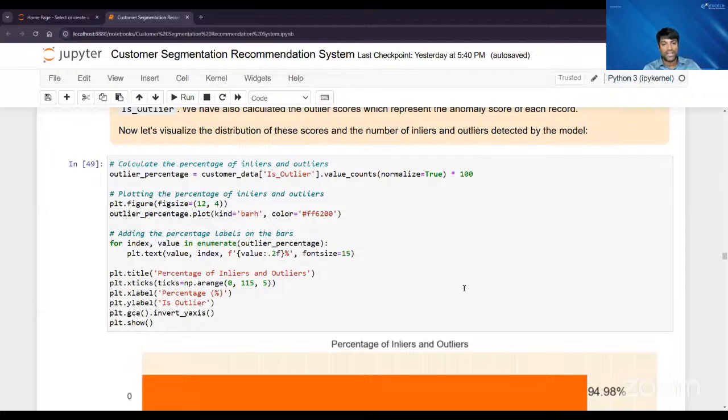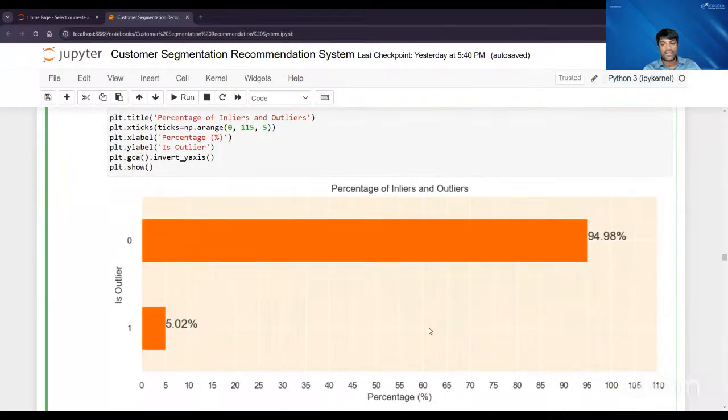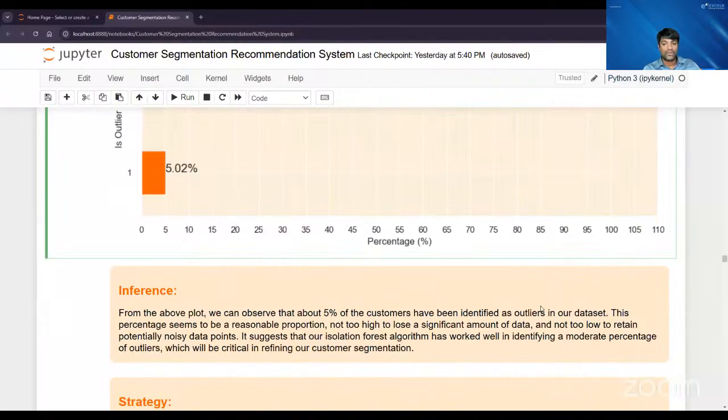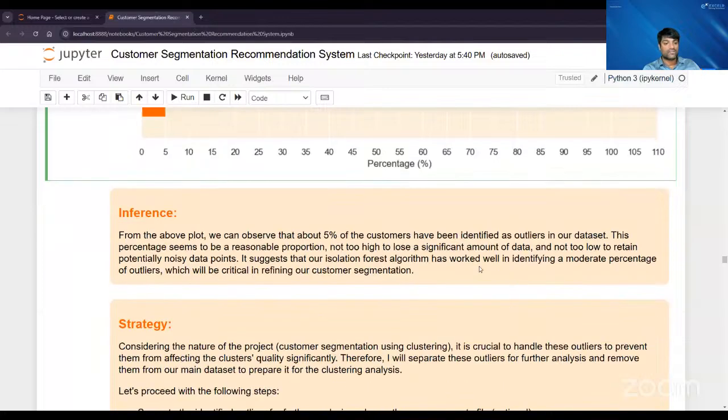We have plotted the graph with a simple bar chart. We also have given the value counts to count and create a percentage. It has created around 95% inliers and 5% outliers in the data. After this, if you plot, you can see that this is what the inference is about.